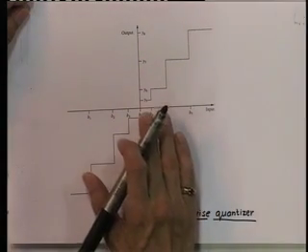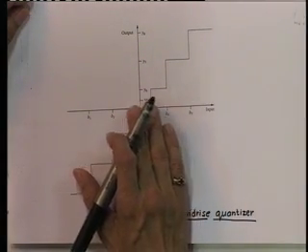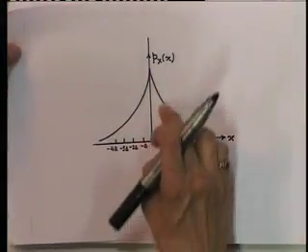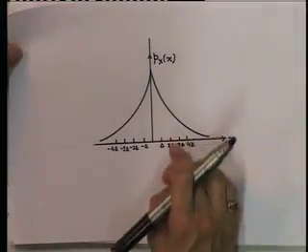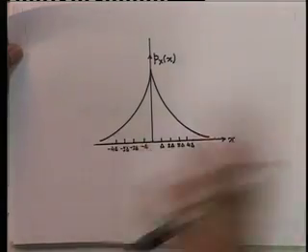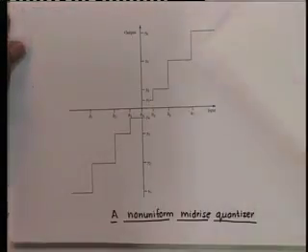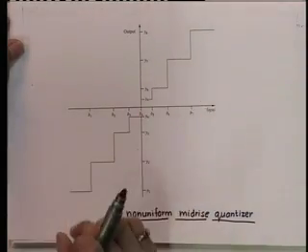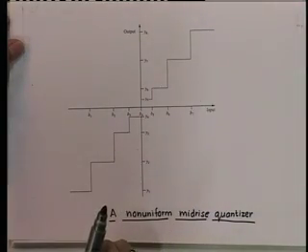Now, since the probability of getting smaller input values is much higher than getting larger signal values, on the average the distortion will be lower than if we had a uniform quantizer.